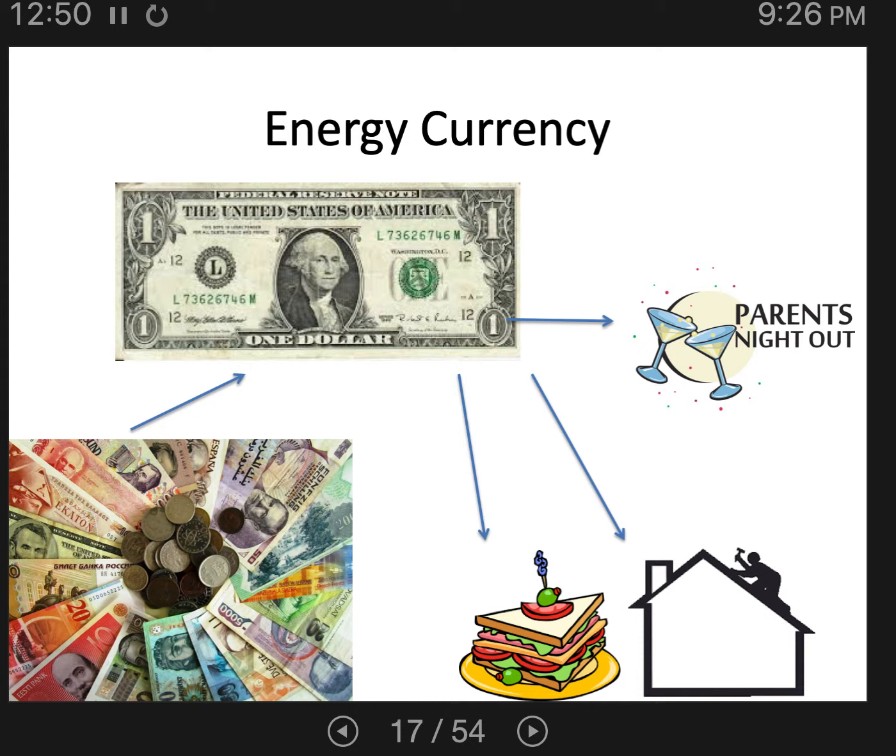Let's say you worked in Santa Fe, where you get tourists from all different countries, and you have to be able to sell your goods in every currency: US dollars, euros, Indian rupees, Thai baht, all of them. That would be so bulky, it would be so unreasonable, right? You would have to be a great math whiz to calculate the exchange rate and figure out what your goods are worth in every single currency of the world.